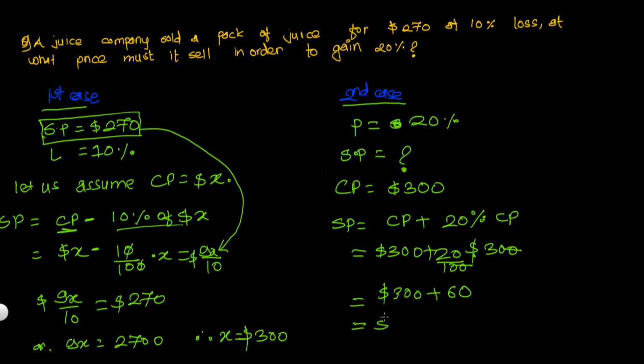So the SP of the juice must be $360. In this way, we can find the selling price of the juice company so that it can gain 20%, which will be $360. This is how we solve this kind of problem.